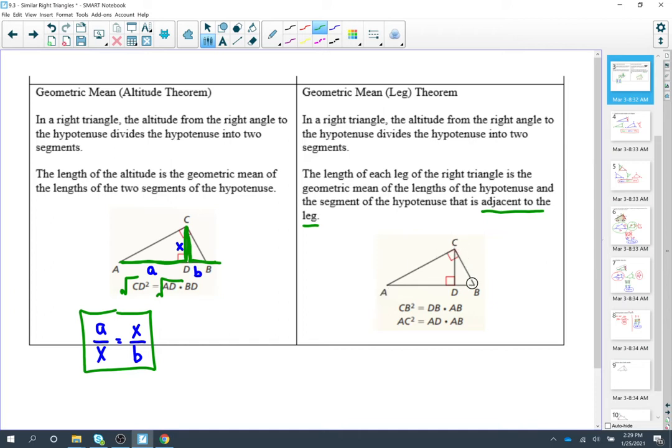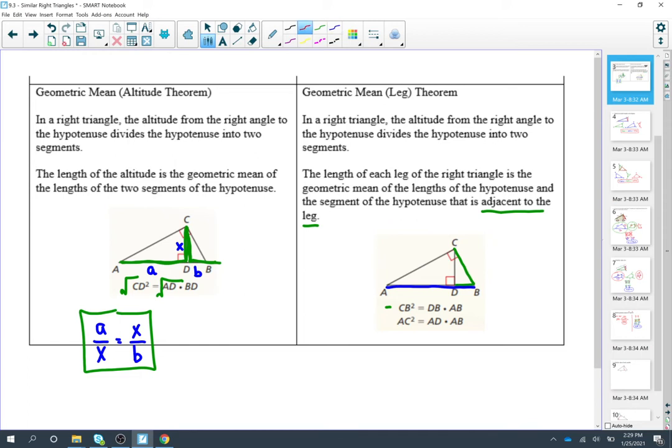So there are actually two things going on here. The first one says that if we take CB squared, that's the leg, it's going to equal DB, the short one next to it, the adjacent, times AB, which is the entire hypotenuse.